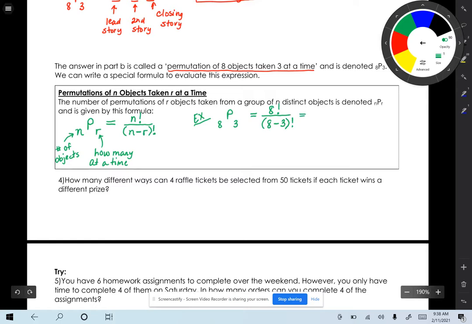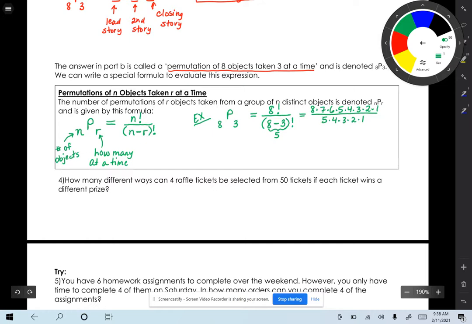Remember what I said. To write out 8 factorial, that's 8 times 7 times 6 times 5 times 4 times 3 times 2 times 1. Bottom would be this right here is 5. And to write 5 factorial, it'd be 5 times 4 times 3 times 2 times 1.